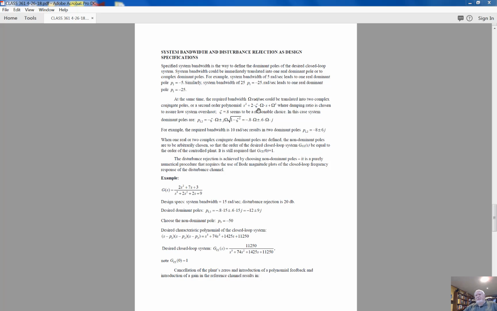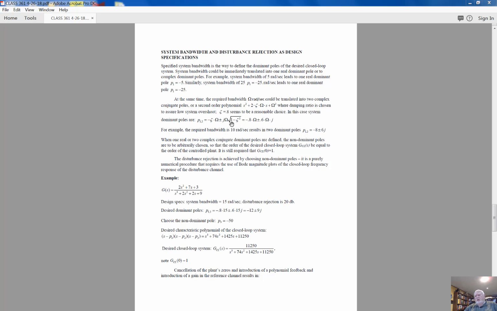So basically, if you have bandwidth requested to be equal to omega, this means that dominant poles should be poles of this second-order polynomial, where damping ratio is equal to 0.8.